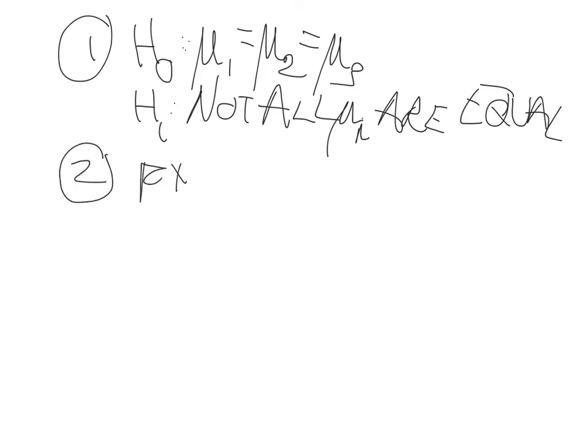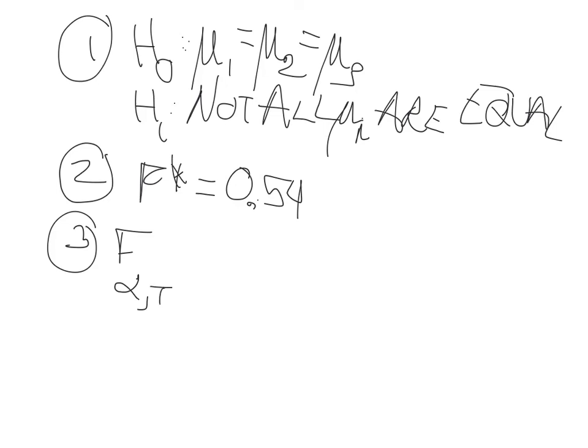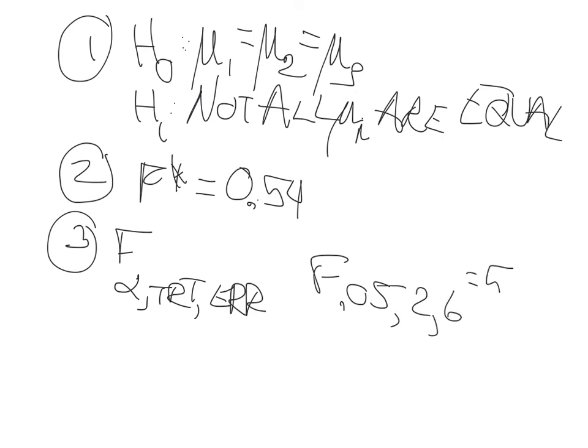And our test statistic is the F star, that 0.54. Now you need to look up F at alpha with treatment degrees of freedom and error degrees of freedom. So I actually used F at 0.5 with 2 and 6 degrees of freedom, and I got 5.14.